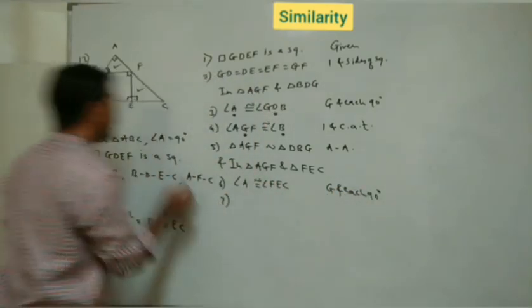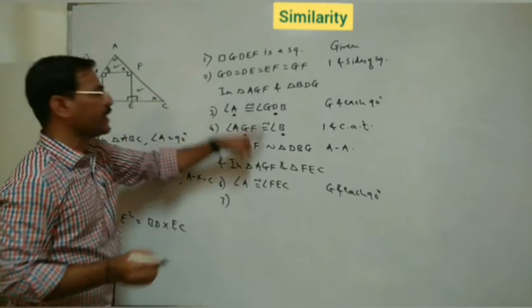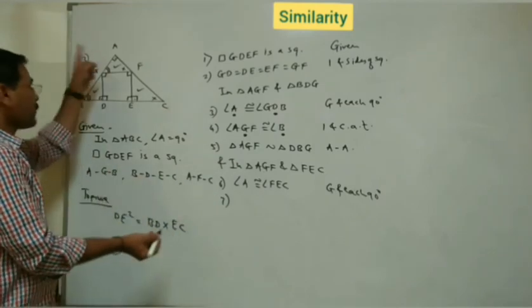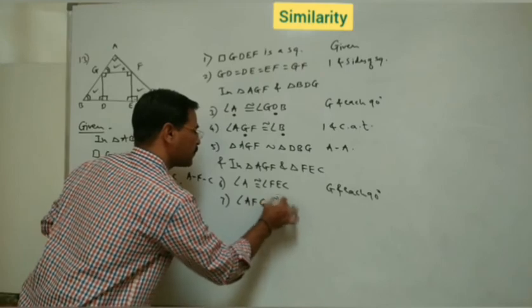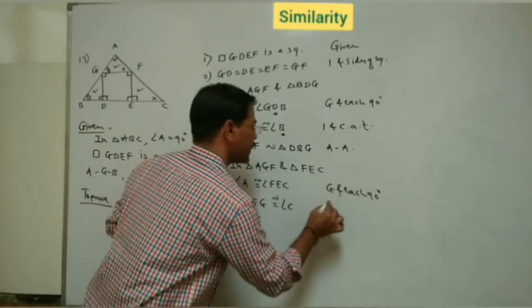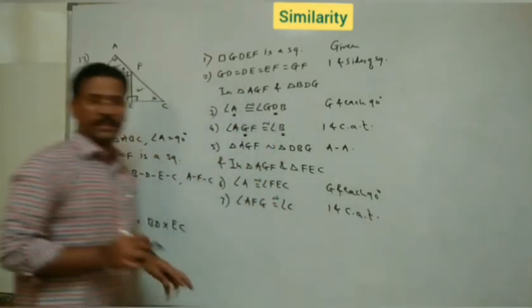One more angle like this one. This angle with this one, by corresponding angle. In this triangle also we can write angle AFG congruent to angle C by one letter. See here, this is from 1 and corresponding angle test.